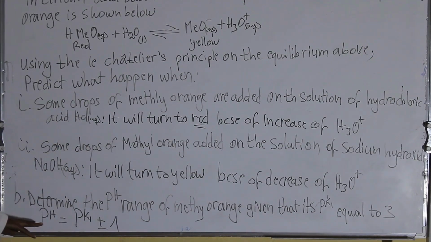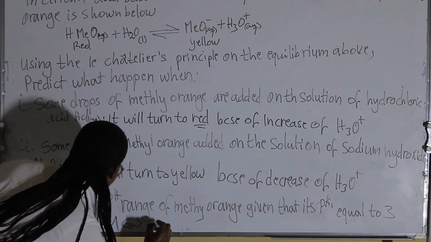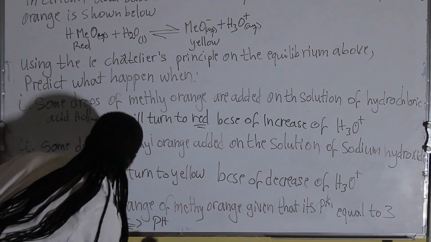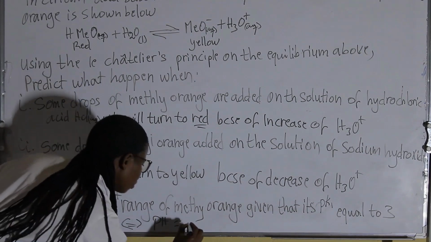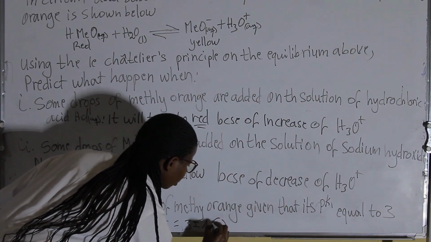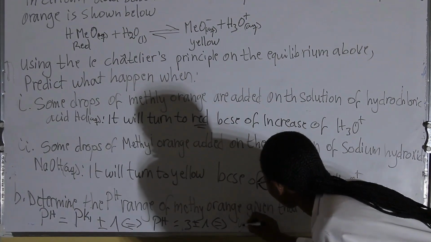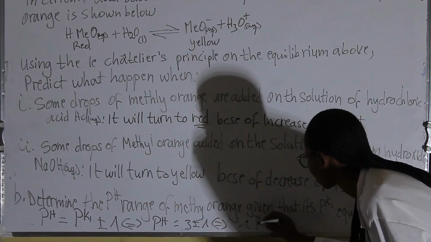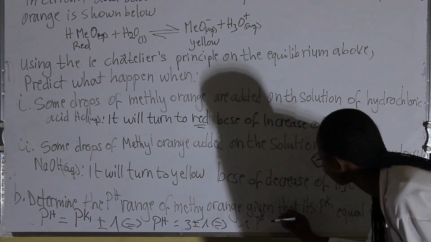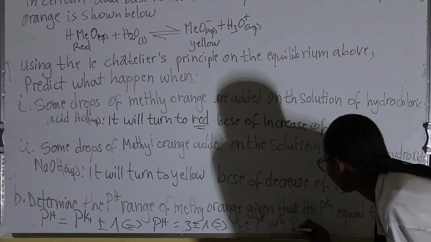This means pH varies between pKi plus and minus 1, so pH will vary from 3 plus or minus 1.